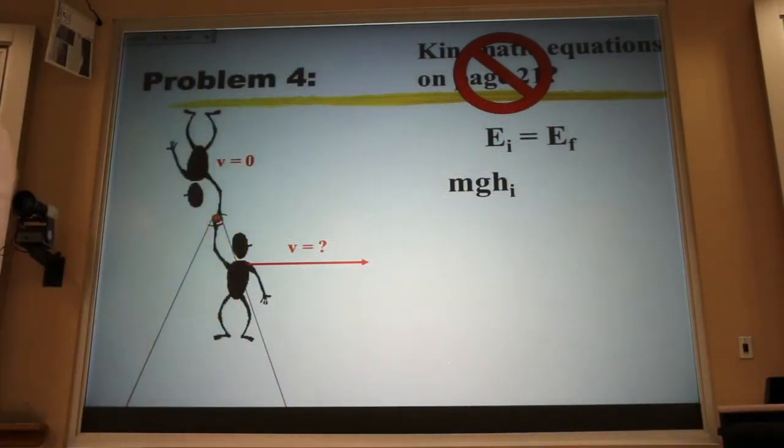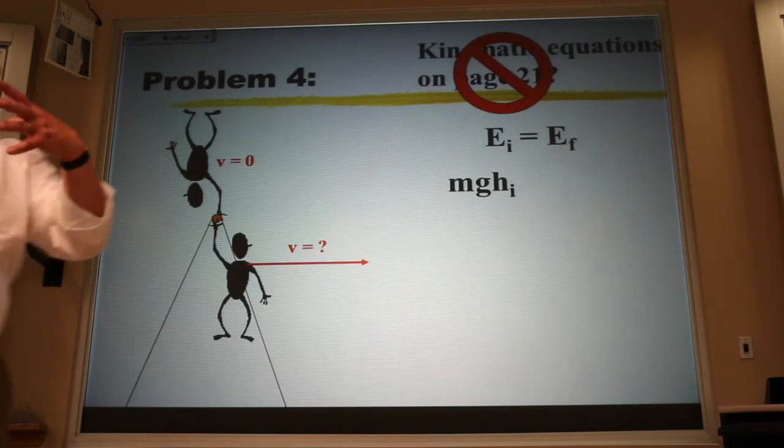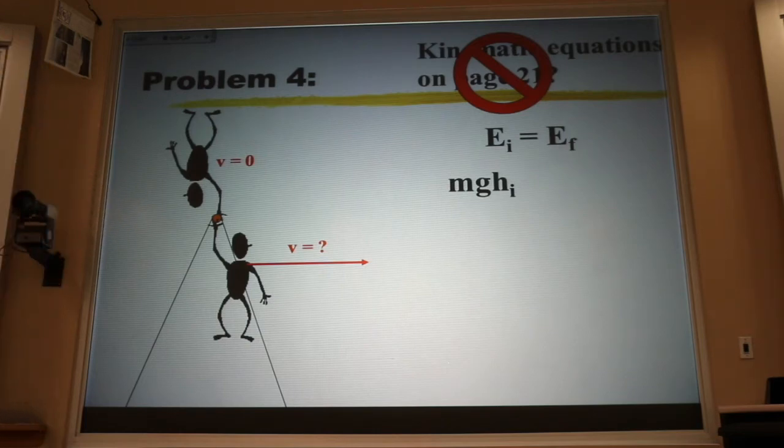Typically we choose the lowest point in the problem as our zero in height. But when you're dealing with a human, well, my head's at a different height than my feet. I'm messy. And so what we're going to do is model that human. We're going to find later in a tutorial that we can do this. We're going to model the human as if all of the mass is located right at the center of mass.